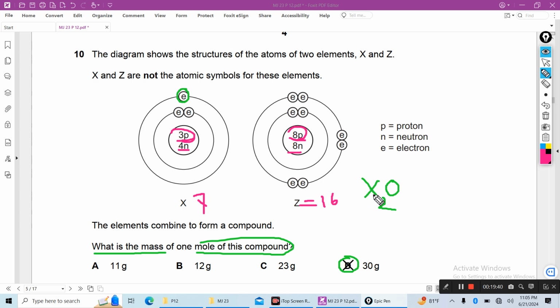So X is 2 atoms, 7 times 2 is 14, plus oxygen, 1 atom, 16. 1 mole of the compound will be 30 gram. So the answer will be D, 30 gram.